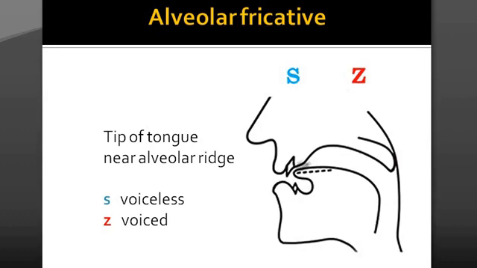S is voiceless. Z is voiced. They are both alveolar fricatives, so we pronounce them the same way. We do the same thing with the tip of the tongue near the alveolar ridge to pronounce Z, the Z sound. All you have to do is add the vibration.